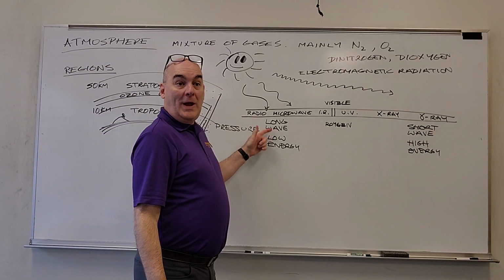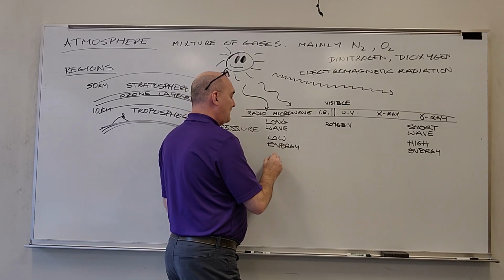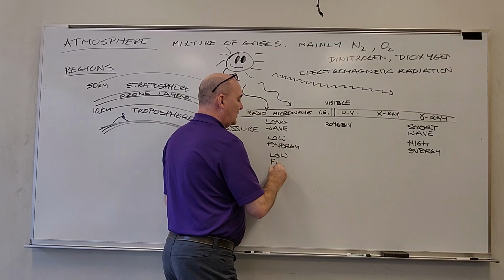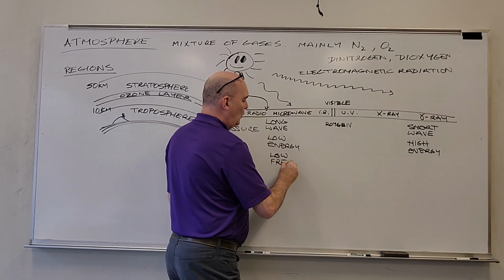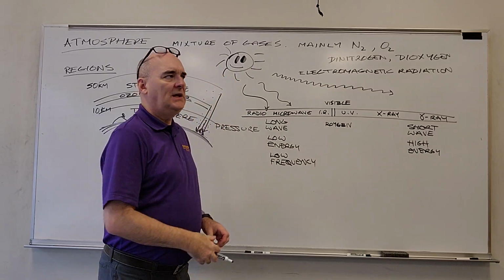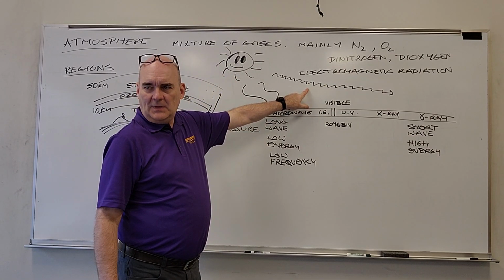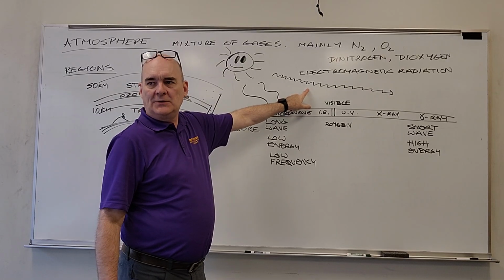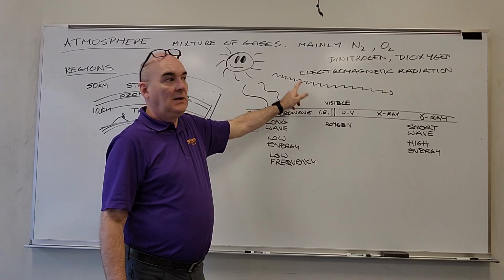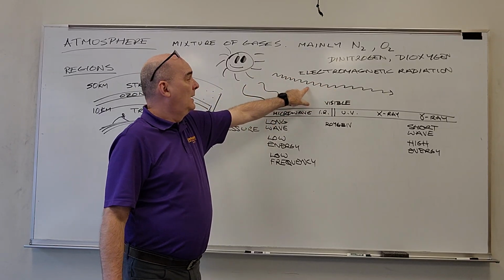The long waves that are low in energy are also low frequency waves. Frequency is, if I picked a spot in space and I counted for 1 second, how many waves are going to go past that spot? I put my finger here, and this one that's got really tight, it's got lots and lots of information in it.